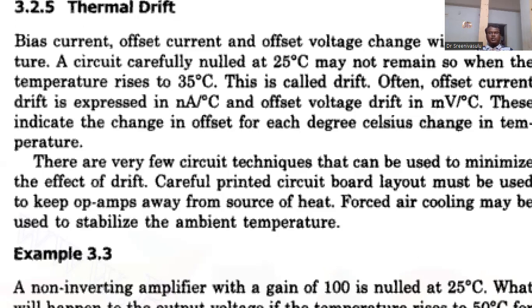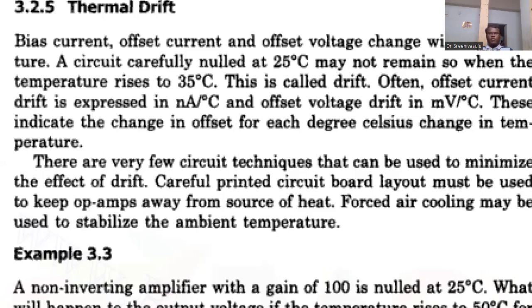The circuit carefully nulled at 25 degrees centigrade may not remain so when the temperature rises to 35 degrees centigrade. Suppose we are designing a circuit at 25 degrees centigrade, and we have nullified the bias current and offset voltage.